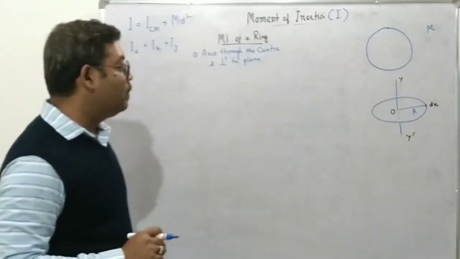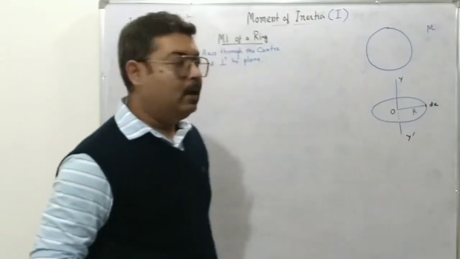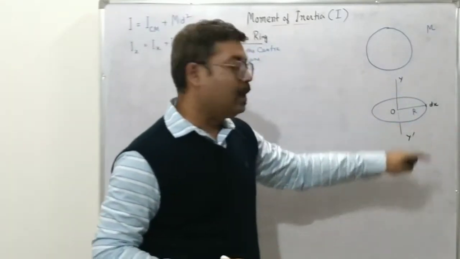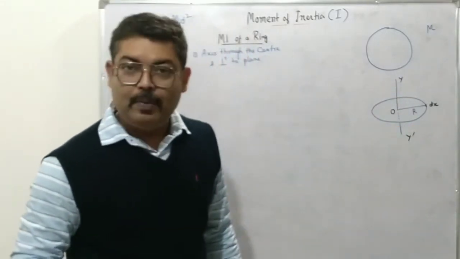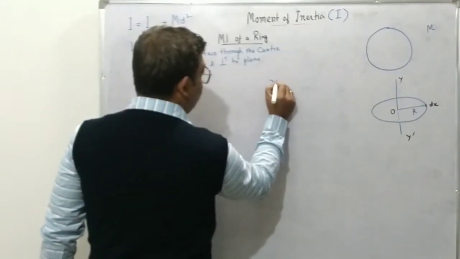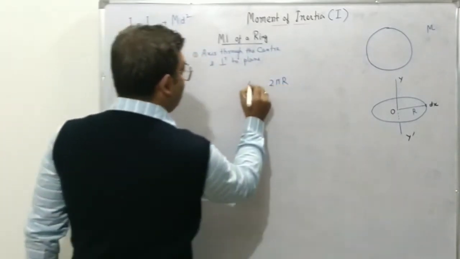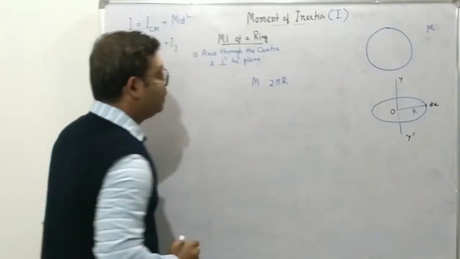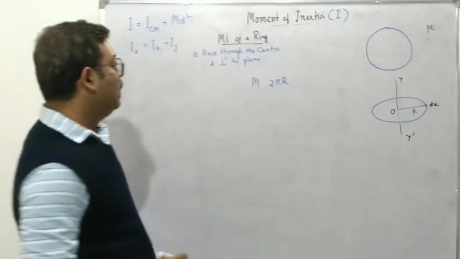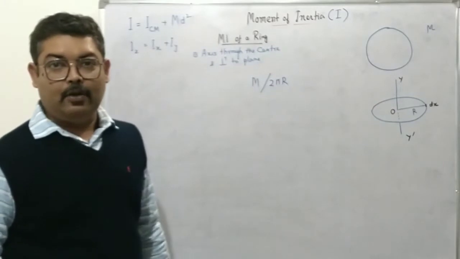To find that, first we need to find the mass per unit length of the ring. Now what is the entire length of the ring? If radius is r, its length will be equal to its circumference, right? So the length of the ring will be 2 pi r. And given that M is the mass of the ring, then M divided by 2 pi r will give us the mass per unit length of the ring.